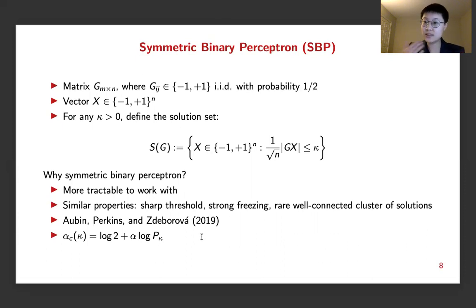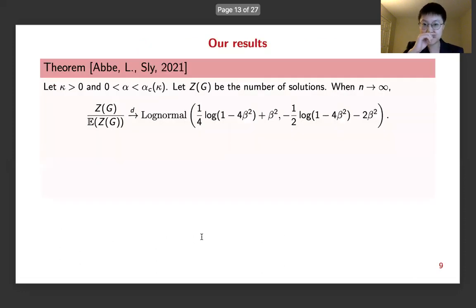Okay. So what are our results in this symmetric binary perceptron model? We showed that for any kappa larger than 0 and alpha between 0 and alpha_c of kappa, if we let Z of G be the number of solutions, then when n goes to infinity, the number of solutions normalized by its expectation converges in distribution to a lognormal limit, where this beta depends explicitly on alpha and kappa.